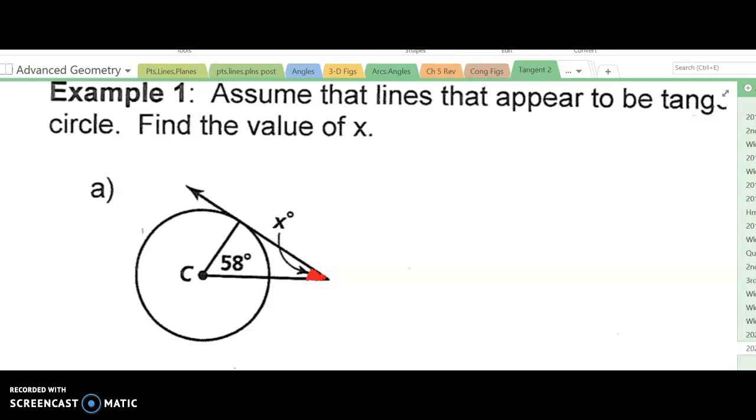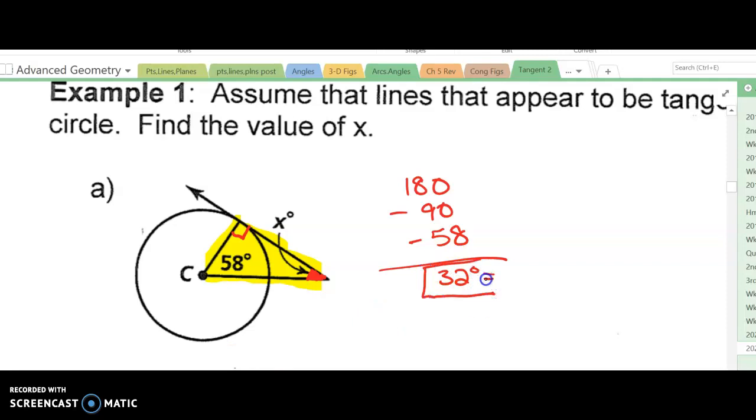According to my new theorem, the tangent and the radius form a 90-degree angle. So now I have a lovely right triangle. If I want to find x, 180 minus 90 minus 58 gives me 32 degrees for x.